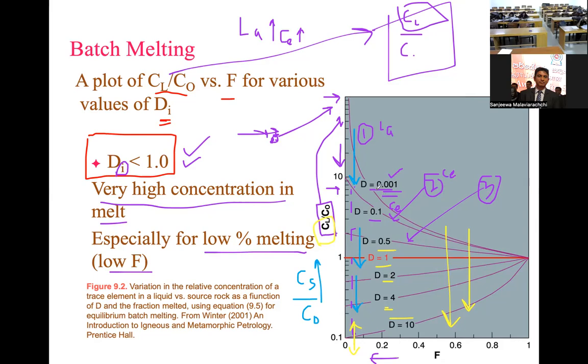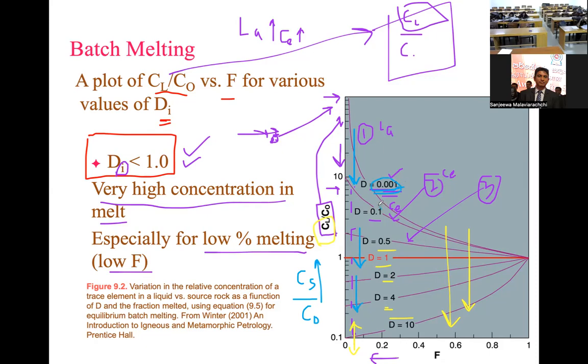So the higher the incompatibility, that means the lower the partition coefficient you are getting here. The value 0.001 here is the highest incompatibility.